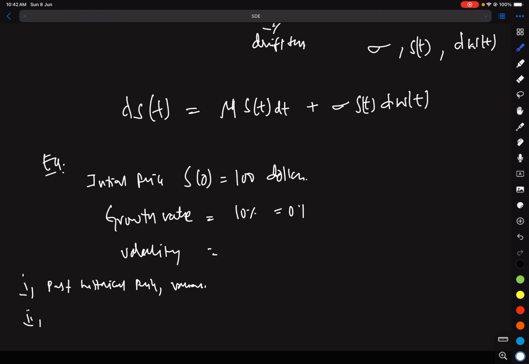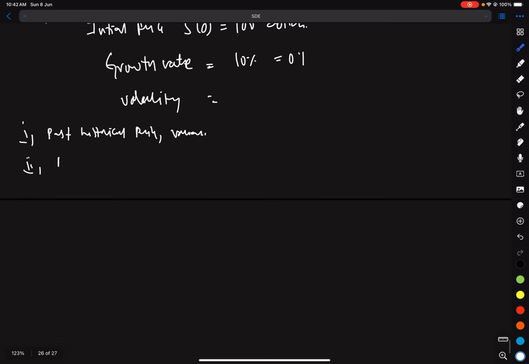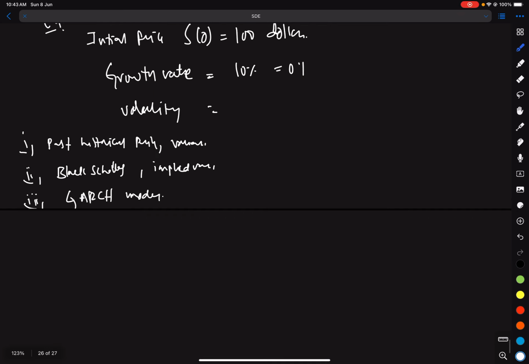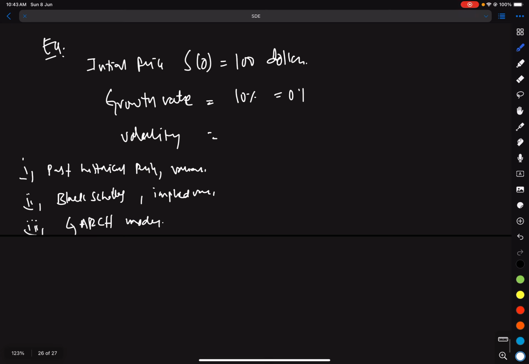Second, we can use the Black-Scholes model to find implied volatility. And third, we can use the GARCH model to find the volatility. So for this simple example, I am just taking 20% per year, which is 0.2, as the volatility.